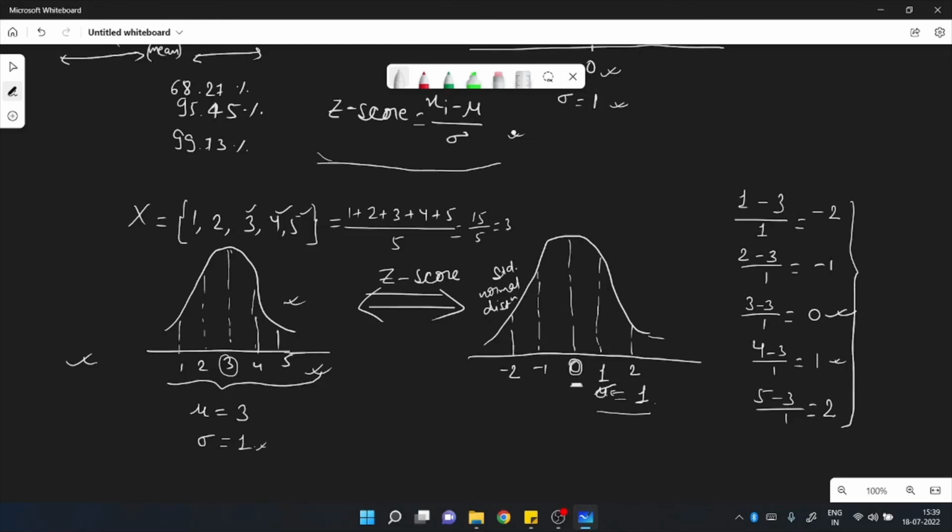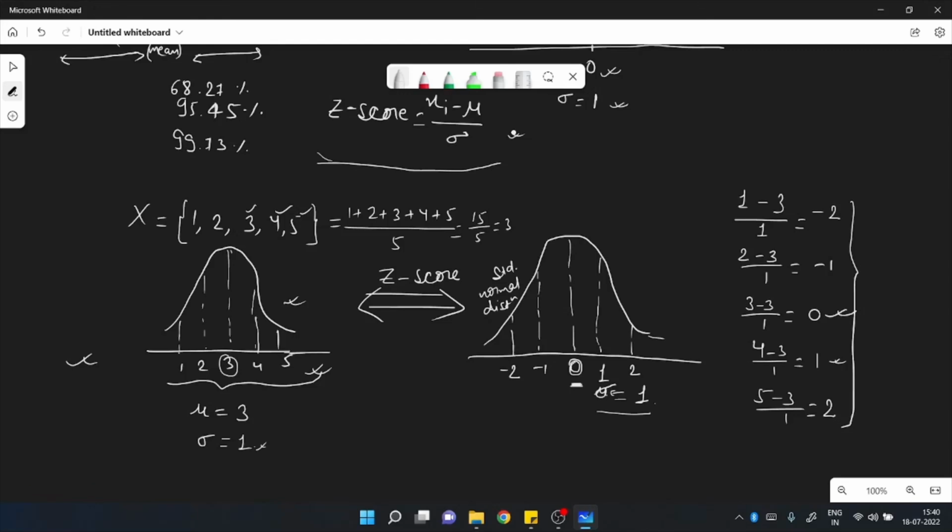Now, one last thing about this Z-score: where do we apply this Z-score formula and what is its exact use? You might have seen in feature engineering, while dealing with the data set, that sometimes we need to normalize our data set, normalize our features. So what do we do exactly there? There we apply the standard normalization technique. How does it happen?